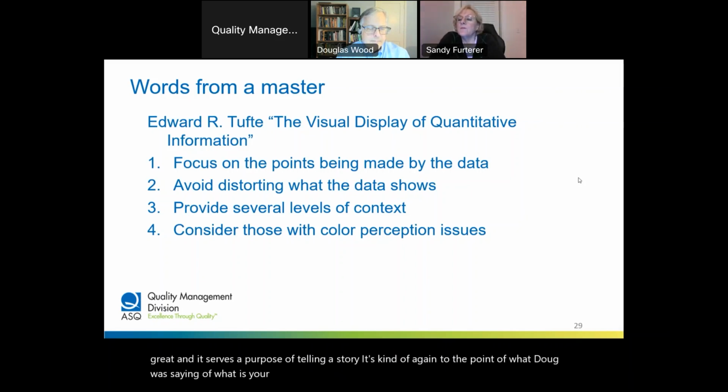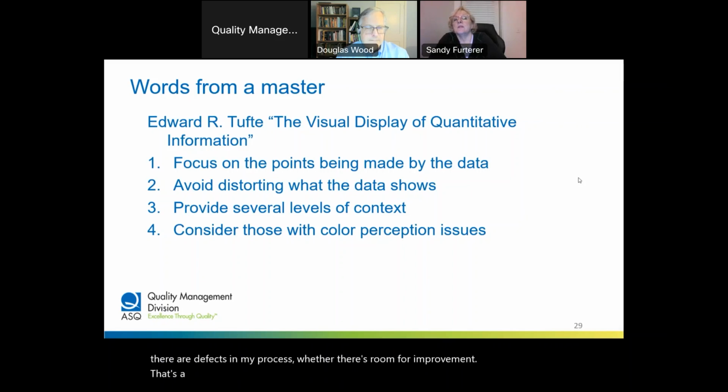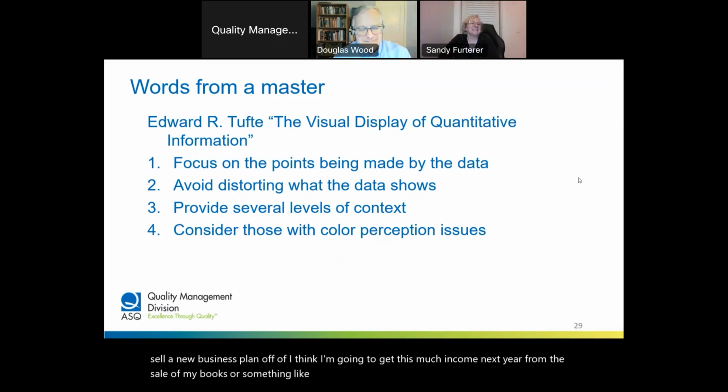If I'm doing these graphs really to understand the data and to assess whether there are factors that are correlated, whether there are defects in my process, whether there's room for improvement, that's a very different story than if you're trying to sell a new business plan, like saying I think I'm going to get this much income next year from the sale of my books. Right? Yep.